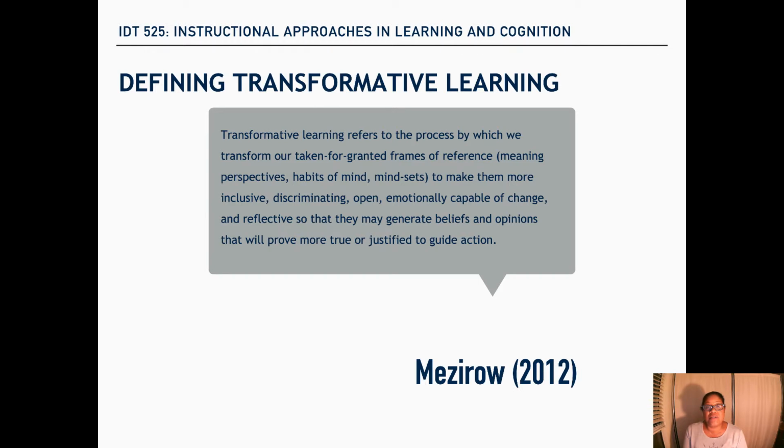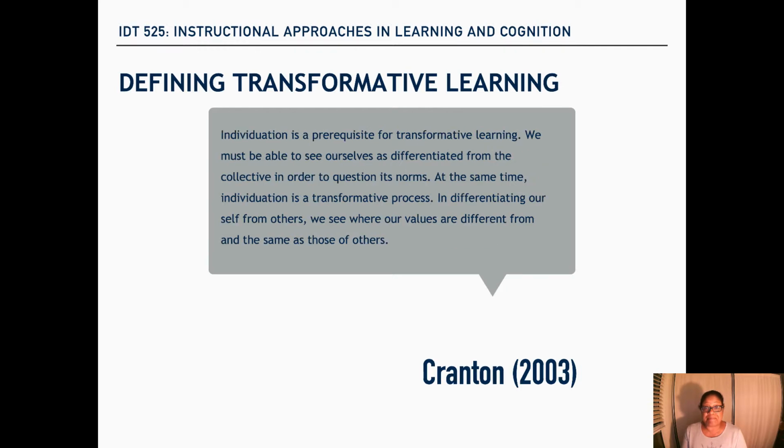And so even Mezirow has been credited with going back and doing some rethinking and reframing of the theory. So this is a 2012 quote. This comes from a chapter that he wrote in the Handbook of Transformative Learning. So this is a quote here. Compare this one to what's in the book and see if you're recognizing some of those shifts that he made based on criticisms of the original theory as he presented it.